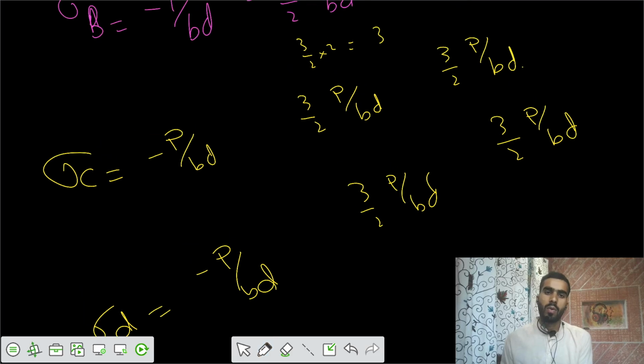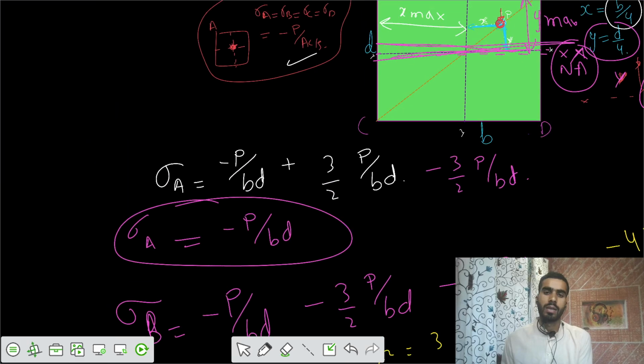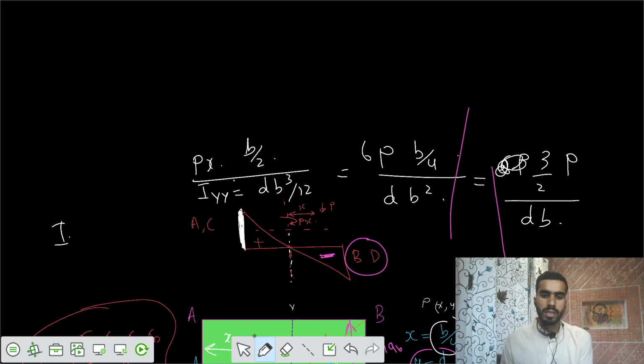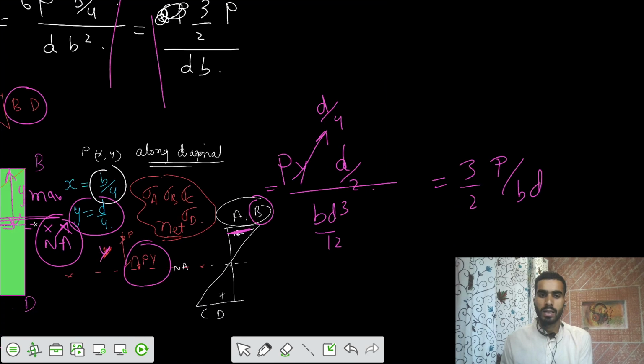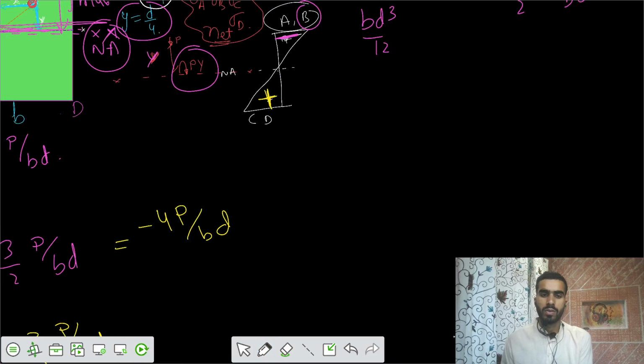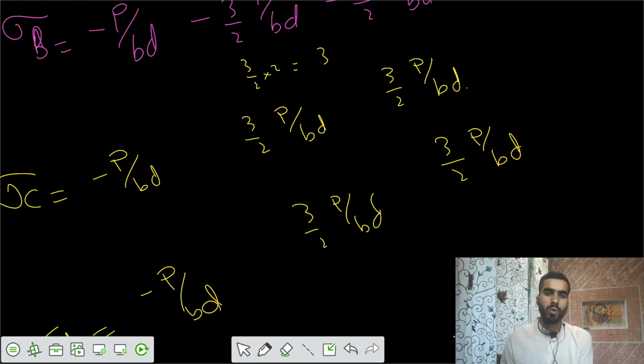Now we want to see what is the sign of sigma c. For c, the first one is positive, and the second one is also positive. So for c we have both positive.